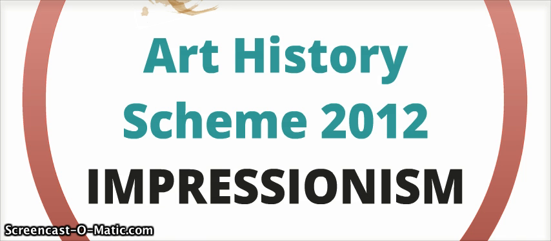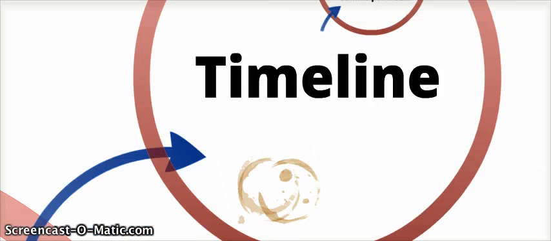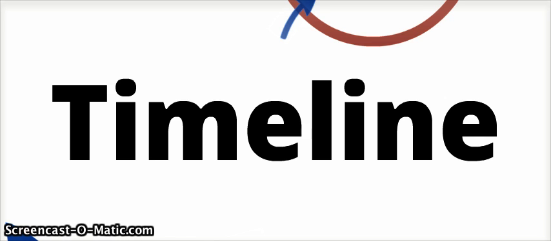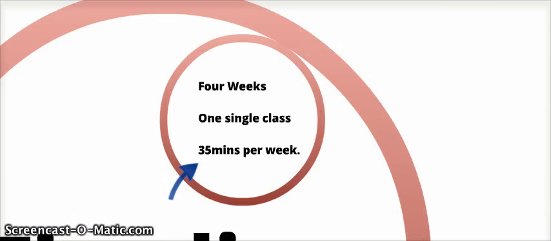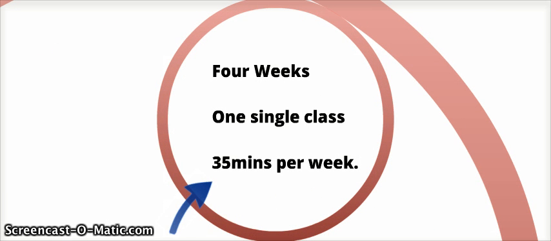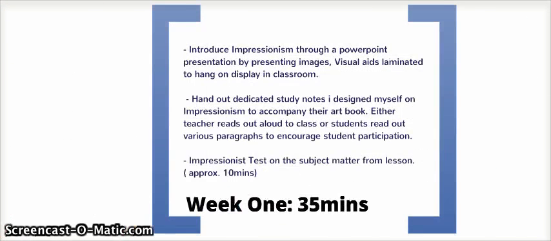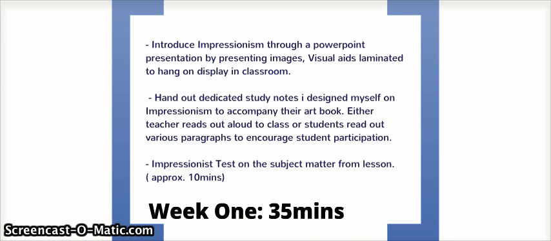So this leads me on to the actual scheme and the timeline of the scheme and the lessons. The scheme consisted of 4 weeks, one single class with 35 minutes per week. Week 1 was 35 minutes. This was to introduce Impressionism through a PowerPoint presentation by presenting images, with visual aids laminated to hang on display in the classroom.